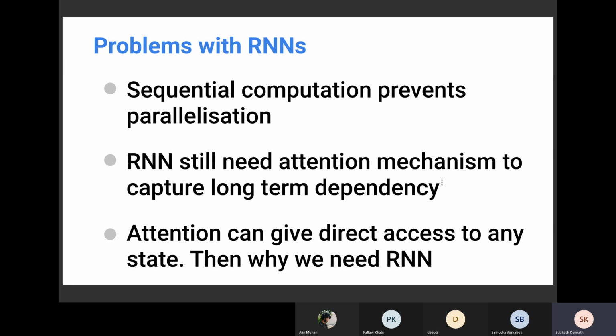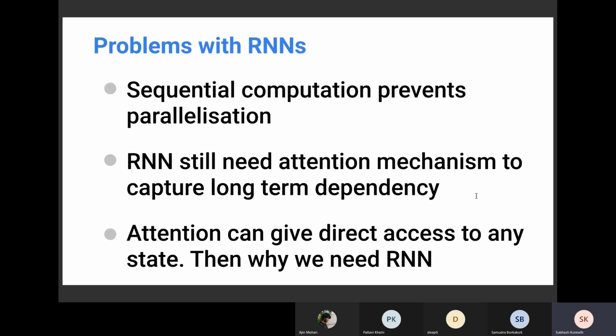And then people also started using the attention mechanism, which we haven't discussed yet, but let me give a brief intro. In the attention mechanism, you can focus on certain words wherever they are in the sequence while processing one of the words.